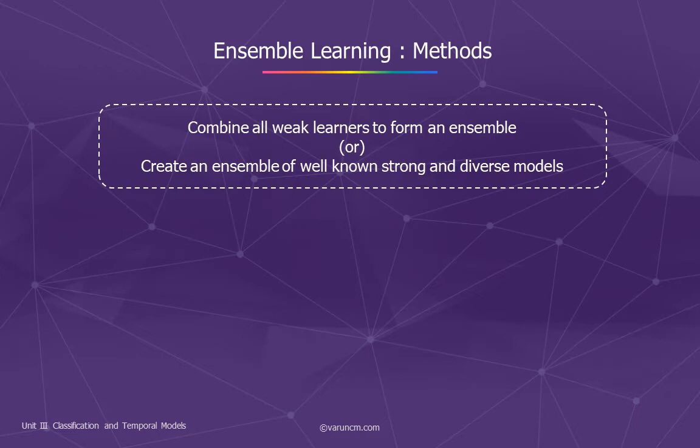So here first you are going to combine all weak learners to form an ensemble, or you can create an ensemble of well-known, strong and diverse models. If you are in need of getting a strong method by combining any two models, you can do that also.